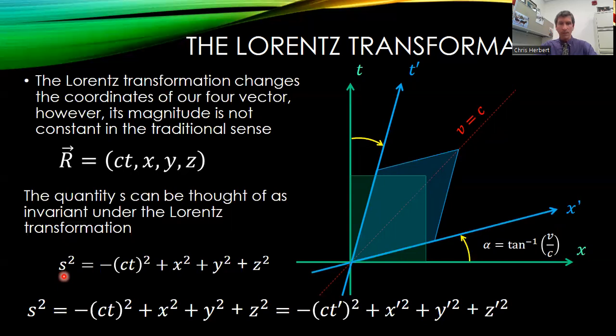Intuitively, if I were to take the length of a 4-dimensional vector, it would be x squared plus y squared plus z squared plus ct squared. But notice I have a negative sign right here. Again, this is sometimes referred to as a hyperbolic rotation rather than a circular rotation, but this value s remains constant under this transform.